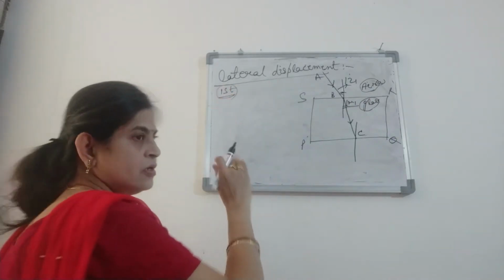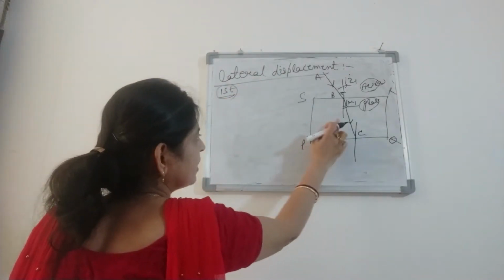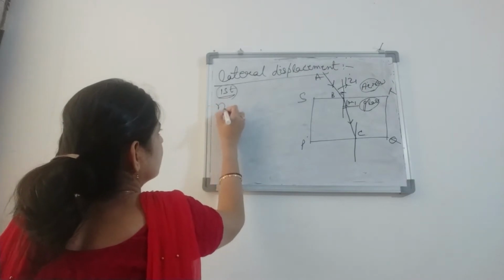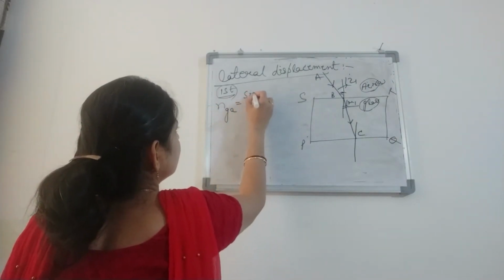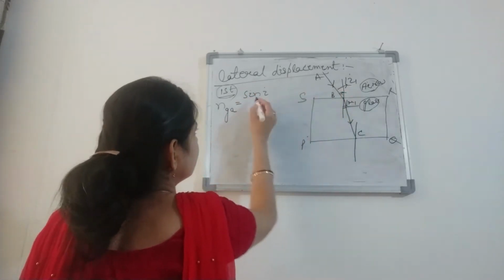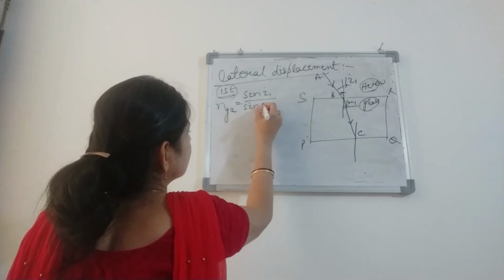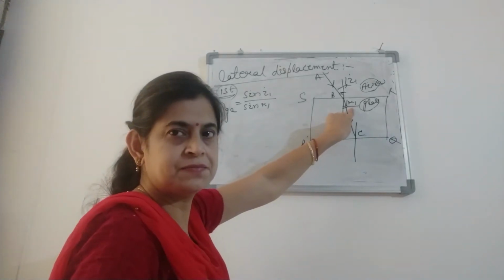Then according to Snell's law, we can write the refractive index of glass with respect to air, NGA, is equal to sin I, instead of I, we can write I1, divided by sin R, and R means here R1.